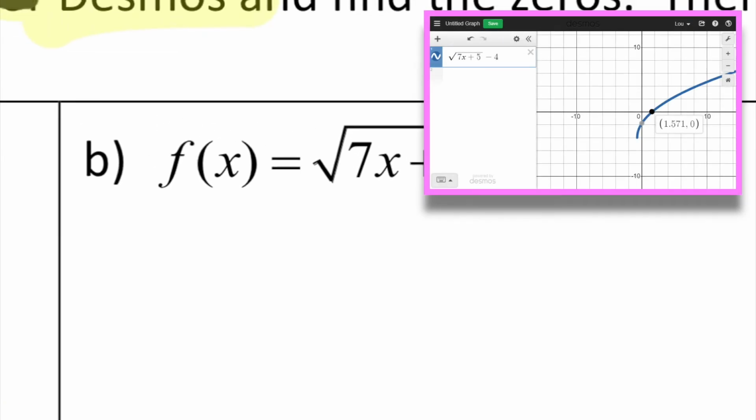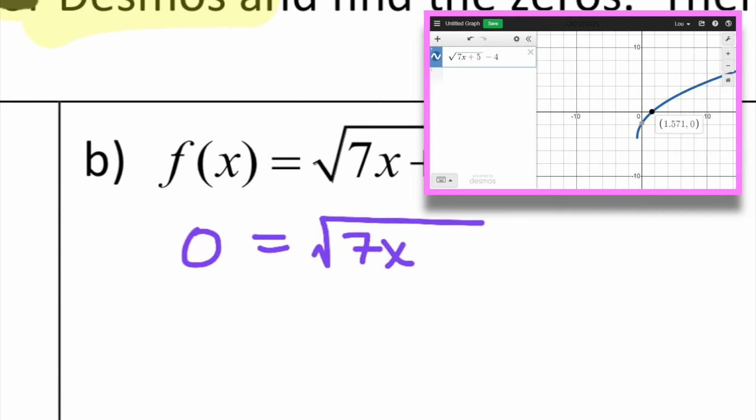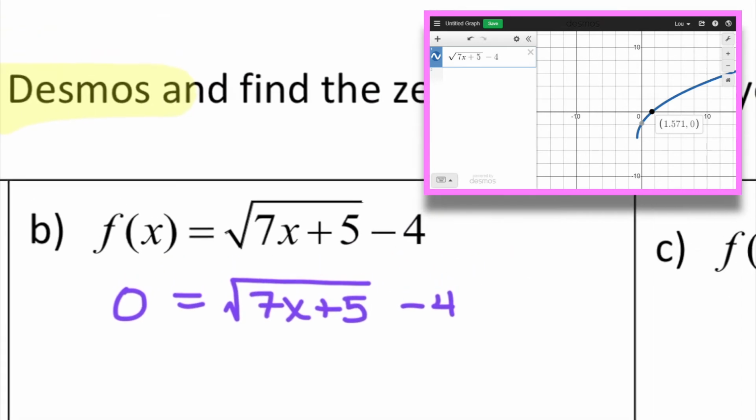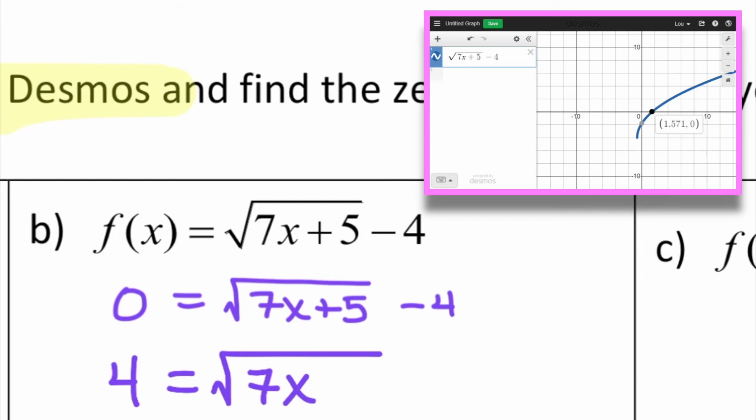Letter B, again, changing the f of x to a 0. You want to isolate the radical, so I'm going to add 4 to both sides. So I end up with 4 is equal to the square root of 7x plus 5.